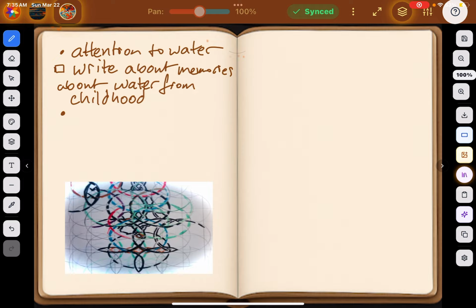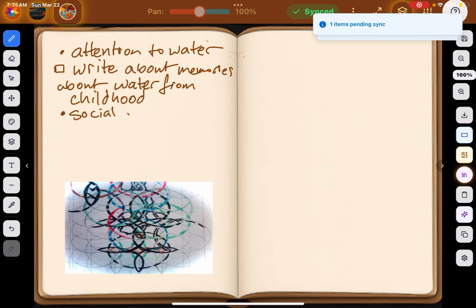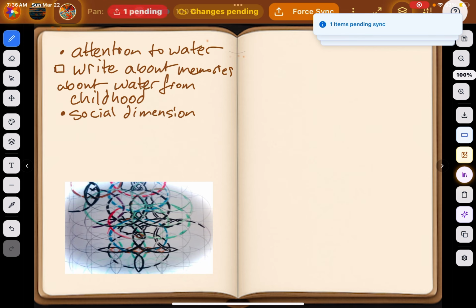Anyway, so attention to water, writing about memories about water from childhood, and then I began to see the social dimension of water. And I've always been fascinated with how people interact around water.